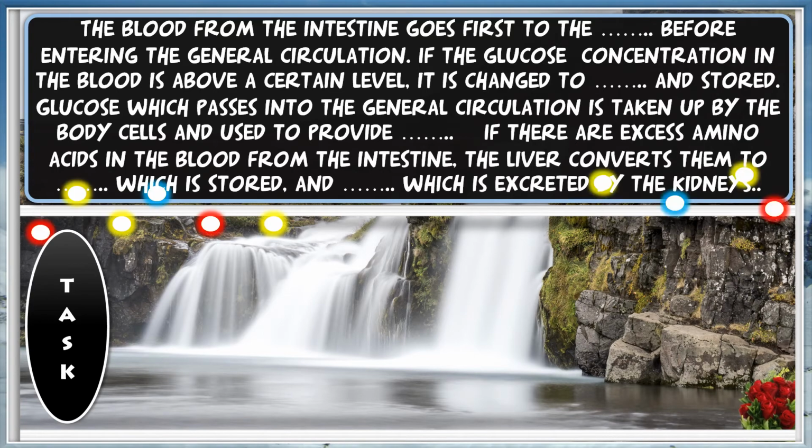Glucose, which passes into the general circulation, is taken up by the body cells and used to provide dash. If there are excess amino acids in the blood from the intestine, the liver converts them to dash, which is stored, and dash, which is excreted by the kidneys.